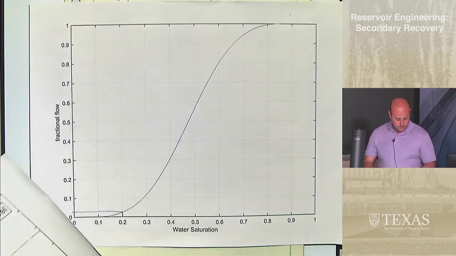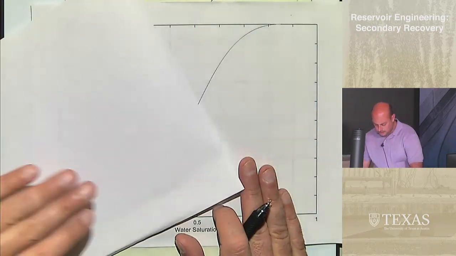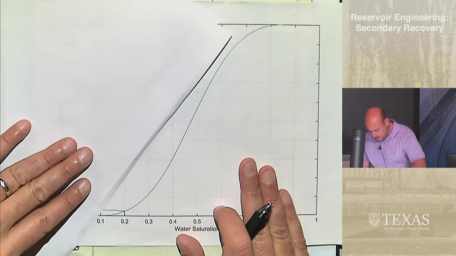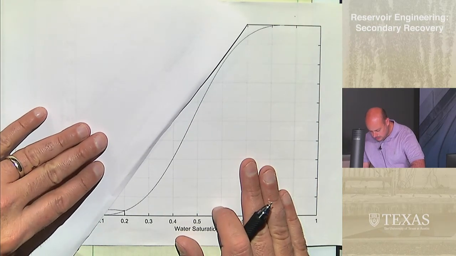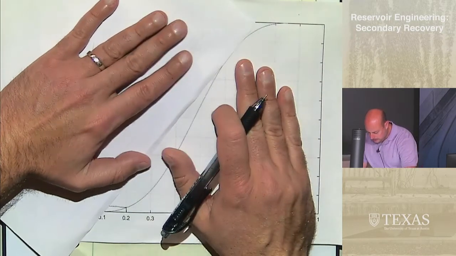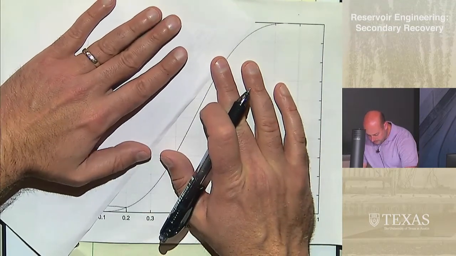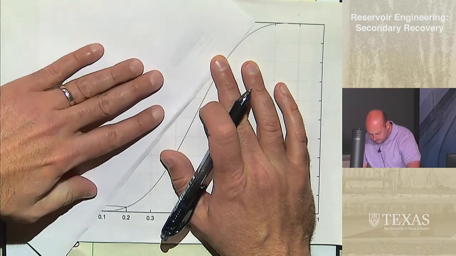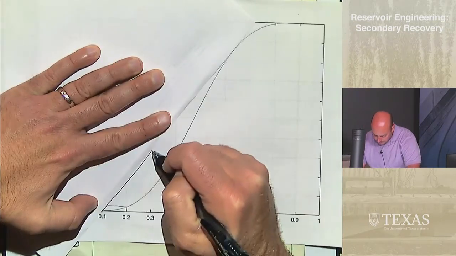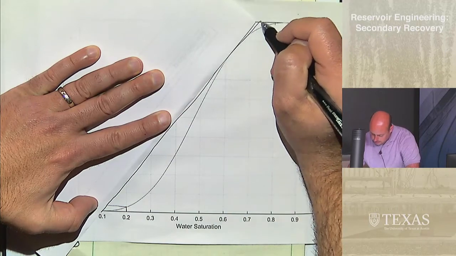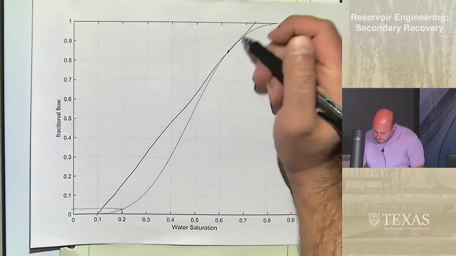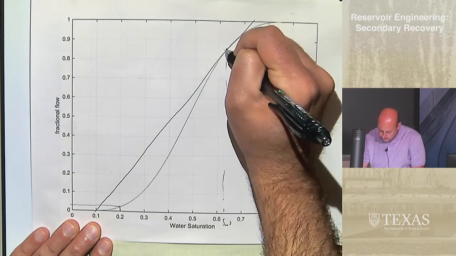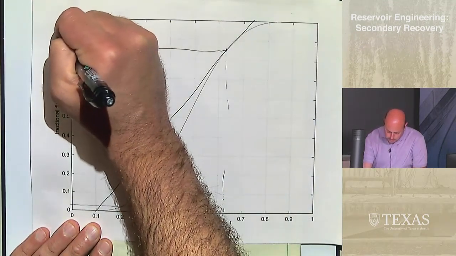So what you want to do is draw this tangent which goes from the initial water saturation, and you have to find that place where it just barely touches your fractional flow curve. It looks like this, and this point is going to give you SWF and FWF.